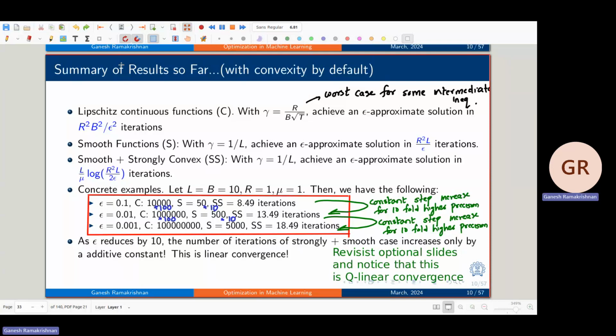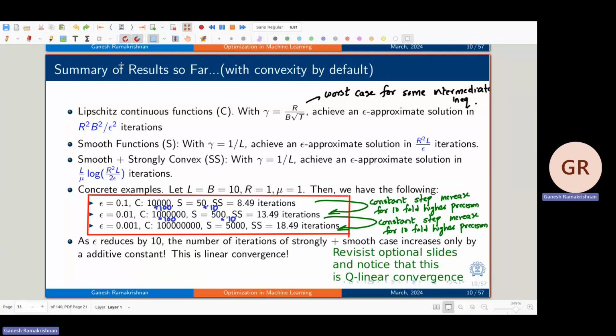Okay. Smoothness gave you R square L by epsilon. Smoothness plus strong convexity (SS) gave you L by mu log of R square L by epsilon.